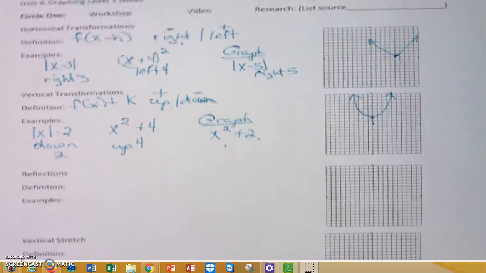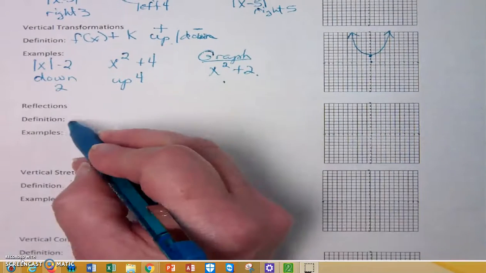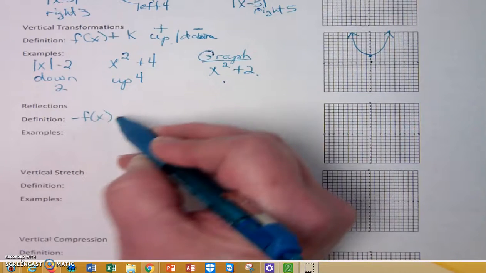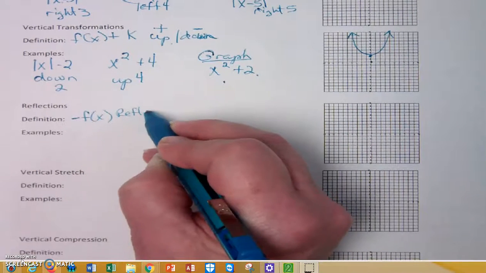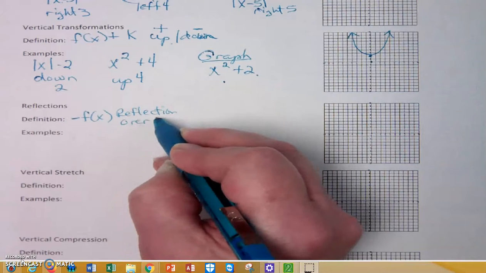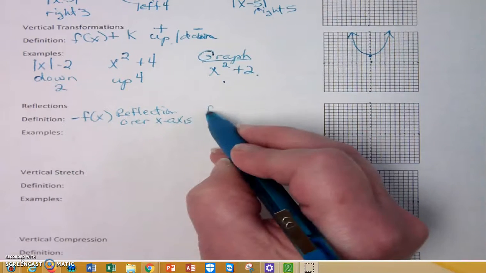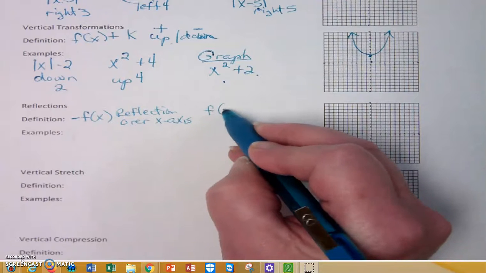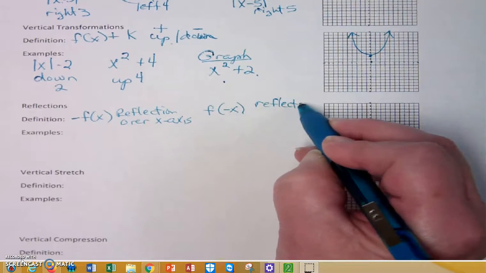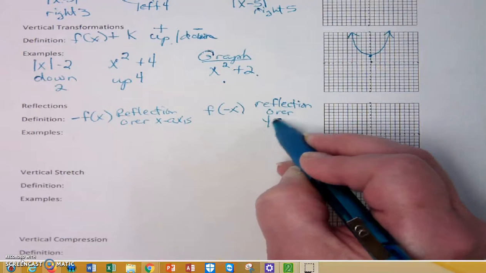Reflections. Let's get this up a little bit here. If I have a negative on the outside, negative f of x, that would be a reflection over the x-axis. But if my negative is on the inside of my parentheses, f of negative x, it is going to be a reflection over the y-axis.